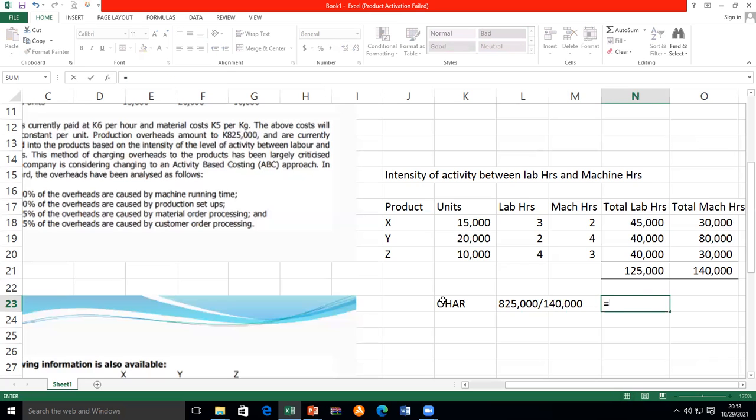Okay. So this is our answer that we found. So now let's conclude the first bit.